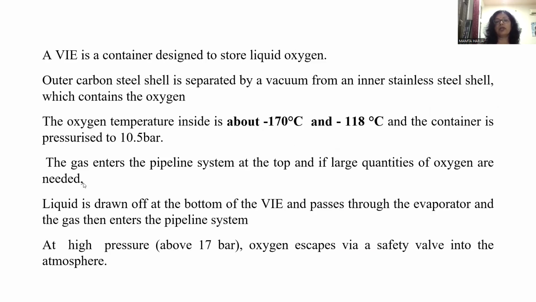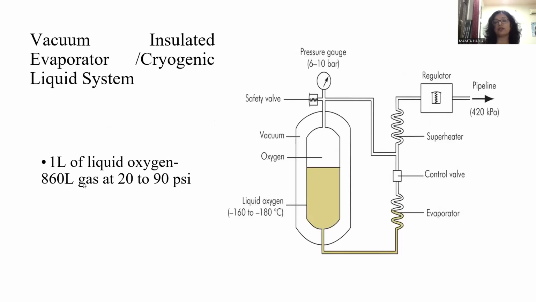When you need a lot of oxygen, when the requirement is more, then the liquid oxygen is drawn off from the bottom of the VIE and it passes through the evaporator, and the gas then enters directly into the pipeline system. And the maximum pressure is 10.5 bar. If the pressure goes above 17 bar, the oxygen escapes via the safety valve into the atmosphere. This is the safety valve.